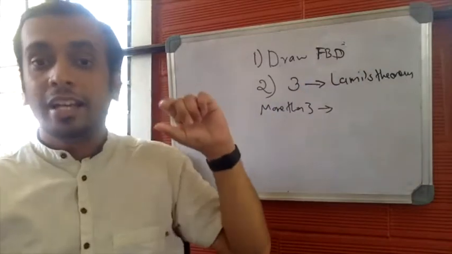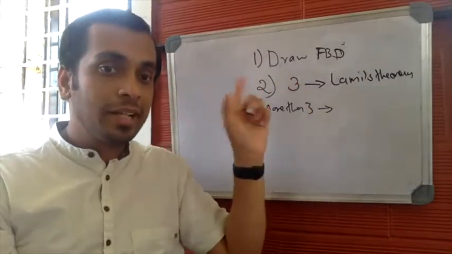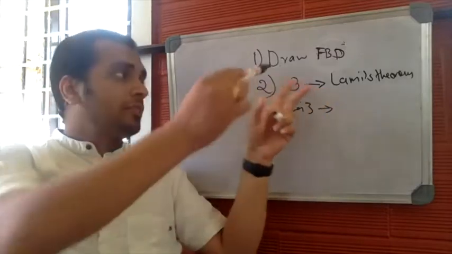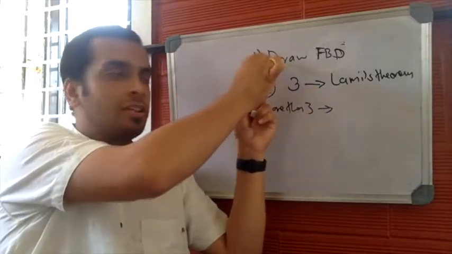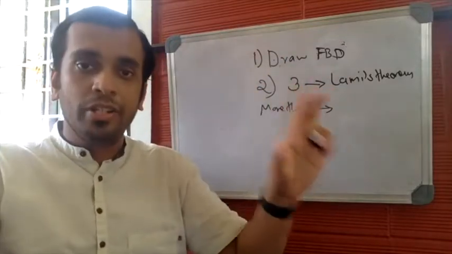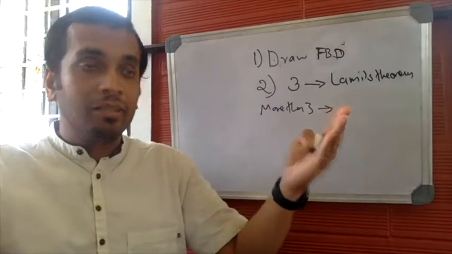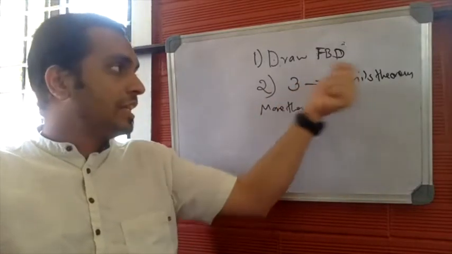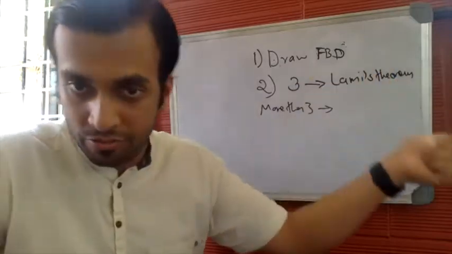Lami's theorem has a small limitation. Lami's theorem can be applied for an equilibrium force system with only three forces. So in step number one, you'll draw the free body diagram, and in step number two, you'll just observe the free body diagram. By observing it, if you find that you have only three forces, you can straight away apply Lami's theorem to find the unknown force.